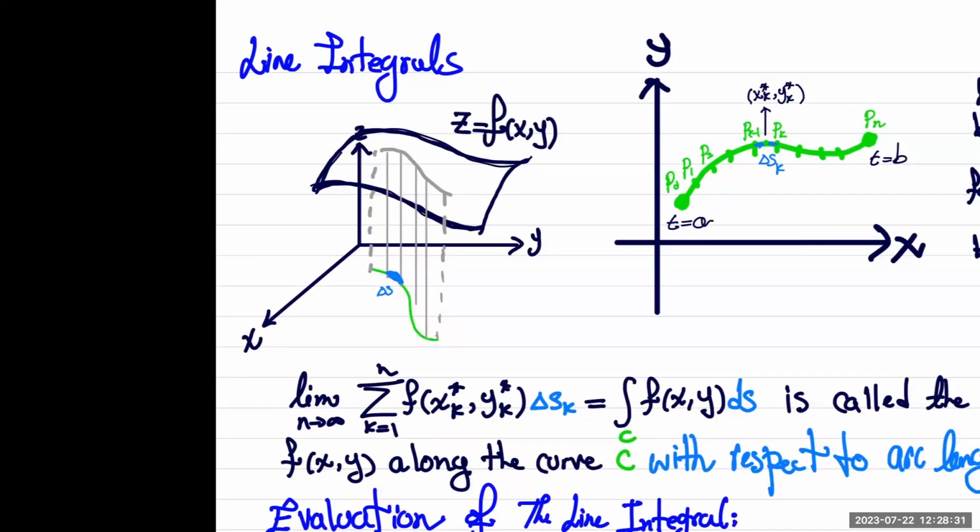If you think about it, imagine the projection of this curve onto the surface, okay? What we get is geometrically the area of this curtain-like surface that suspends from the surface of x and y. All right.